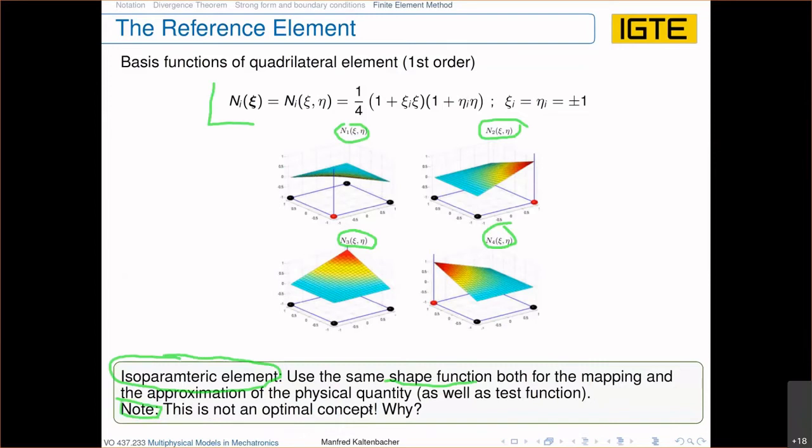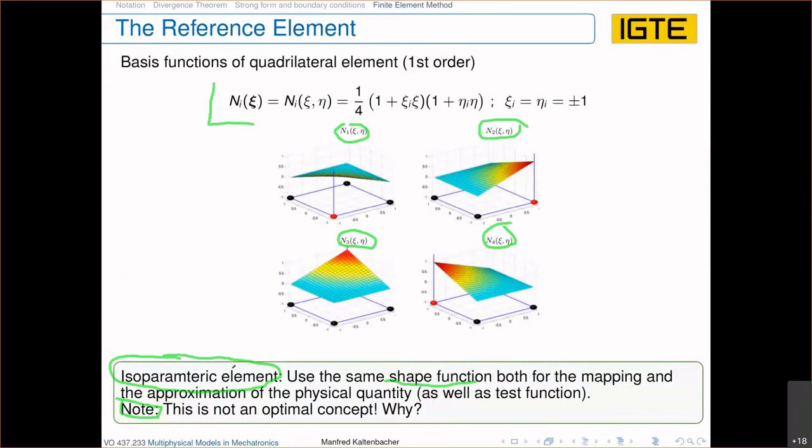Why is that clear? Because we have the freedom to choose different functions for the mapping between the physical element and the reference element, and we can have different functions for approximating our quantity. So with this isoparametric approach, we lose more or less one option because we take the same basis function.